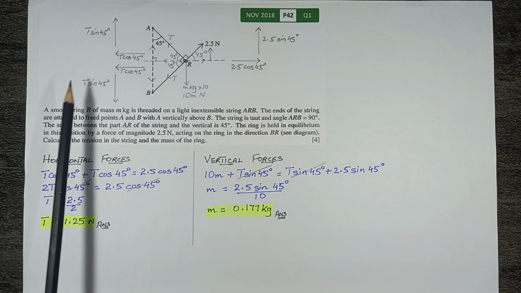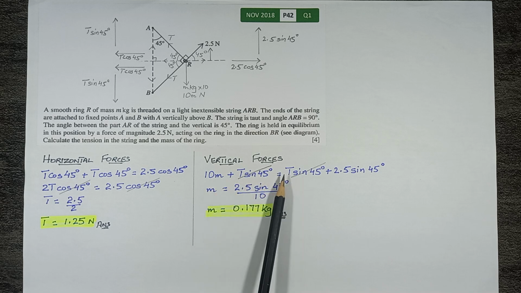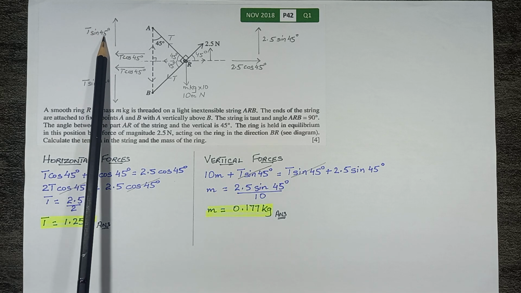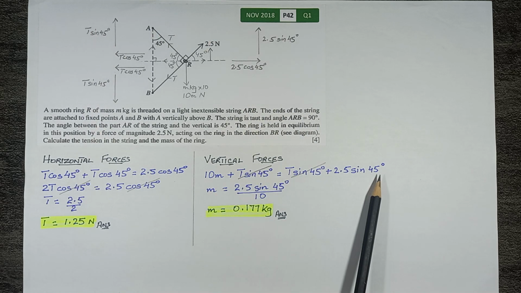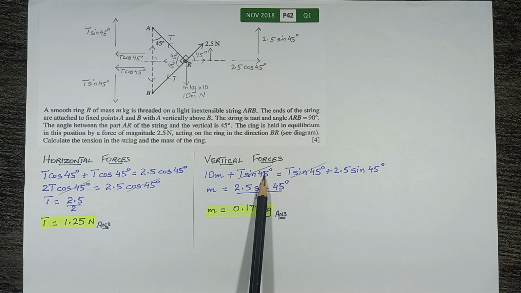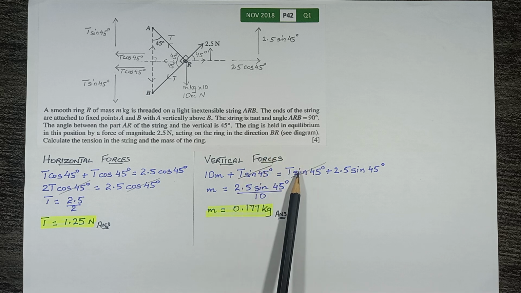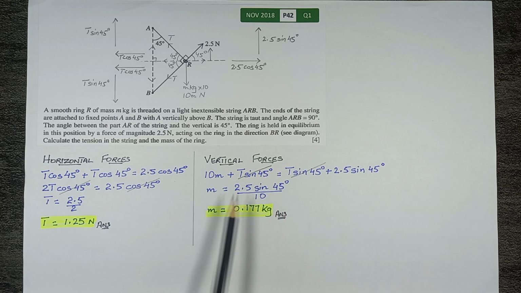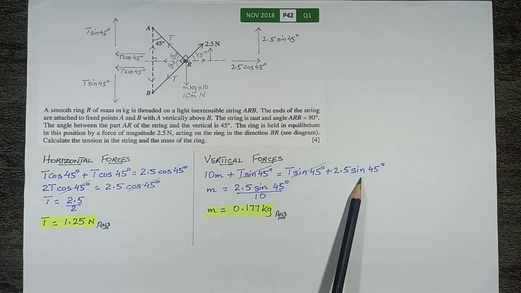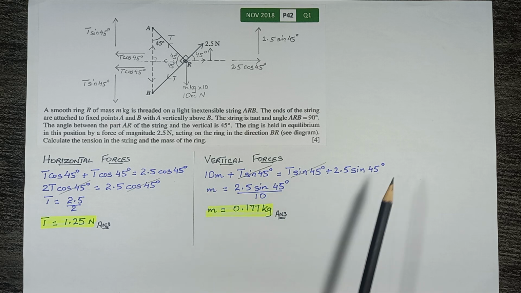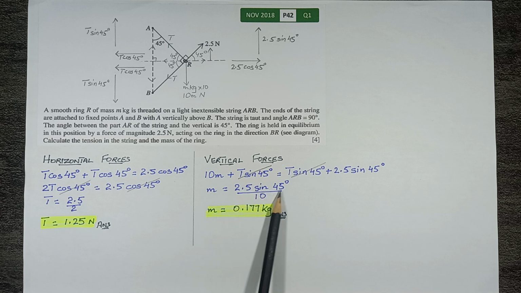So 10m plus T sin 45 would be equal to T sin 45 plus 2.5 sin 45. As we can see, we have a T sin 45 positive on both sides of the equal sign. We could cancel them, or if we move it to the other side, it would be negative. Again, it would be cancelled out. So we are left with 10m is equal to 2.5 sin 45. So m is equal to 2.5 sin 45 divided by 10, and finally we have the mass of the ring in kilograms, which is 0.177.